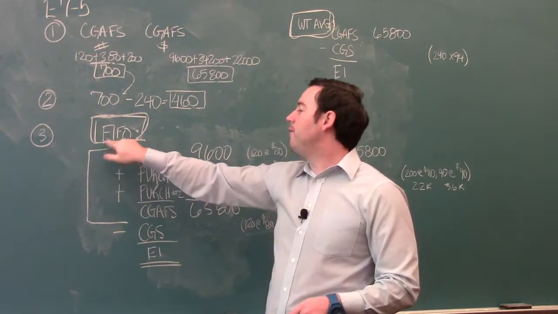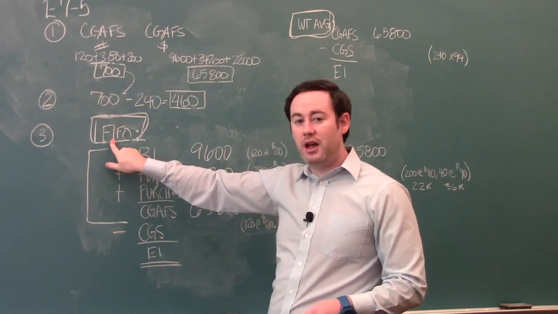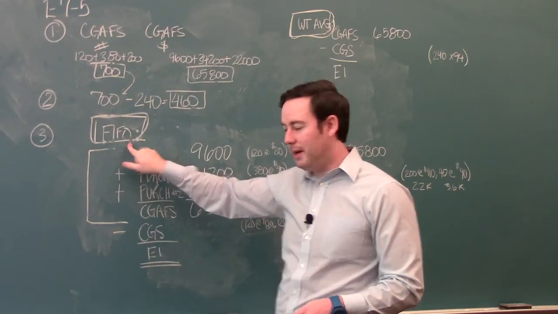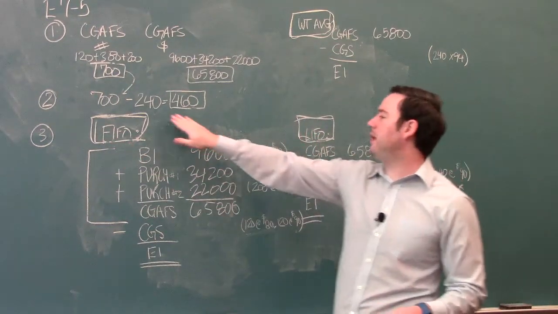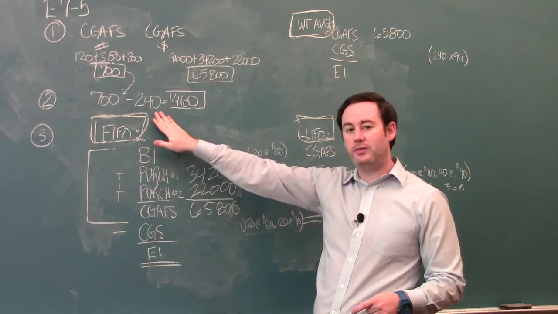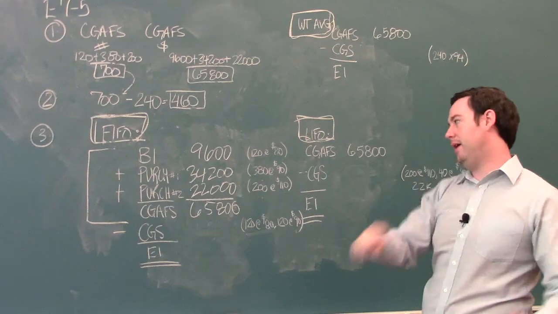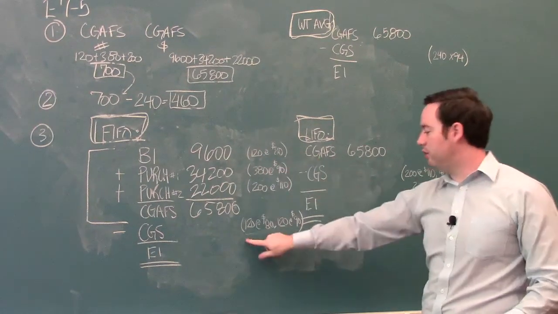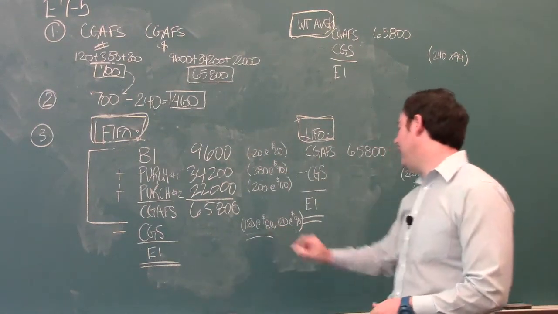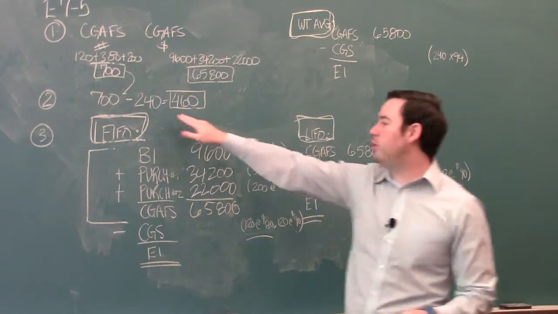FIFO said first in, first out. So the first goods that come in are the first ones to actually be sold, right? Well, it tells us up here in part 2 that we sold 240 units, right? So let's count out 240, starting with the first ones going out first. 120 units we sell at $80, so I've written that out here. 120 at 80, and then we still are 120 shy, right?